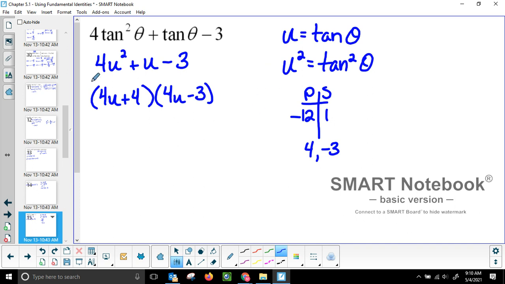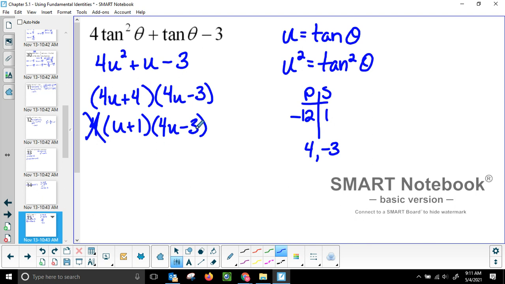Well, when our a is something other than 1, we aren't done. We have to do that taking out the trash step. So I ask, is there any common factor between these two terms? Sure, I can pull out a 4, and I'm left with u plus 1. Is there any common factor here? No, there is not, so I leave it as u minus 3. And whatever I pull out in this step, that's why we call it taking out the trash, we just throw it away.